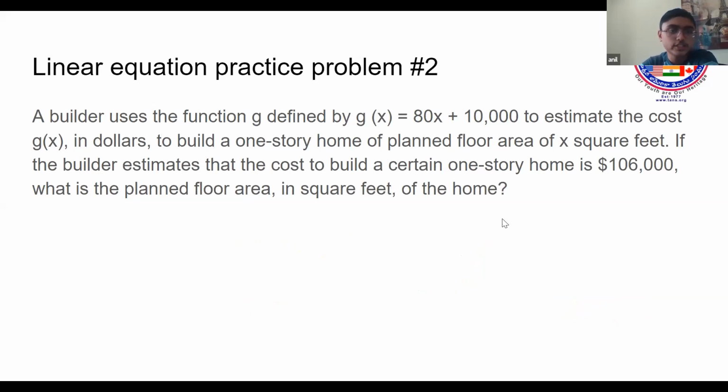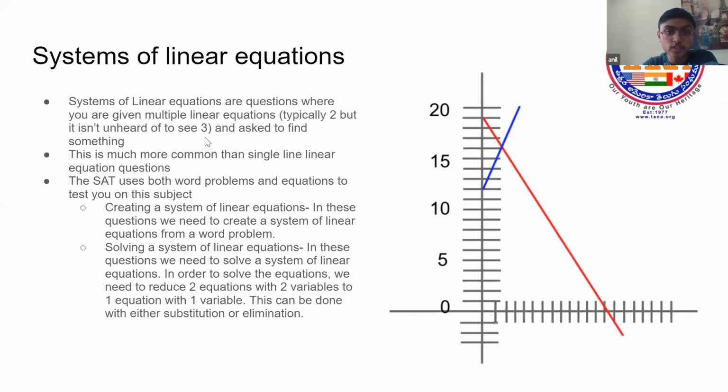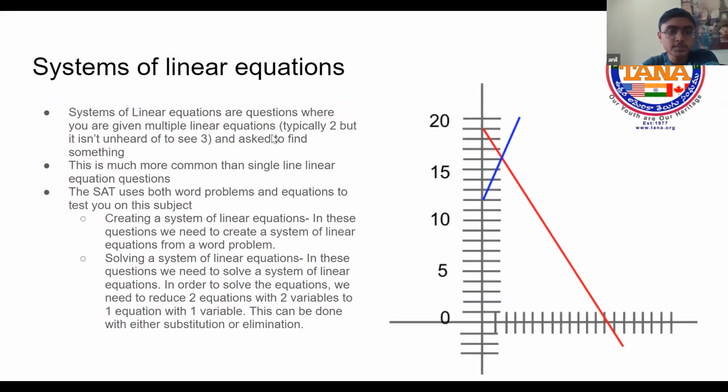Systems of linear equations are basically what we just did, but there are multiple equations, typically 2, but there can be 3 as well. These are much more common than single linear equations because they are harder, and it's a way for the SAT to get more questions in.